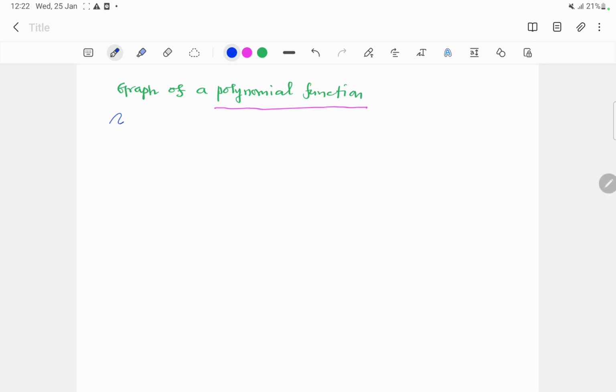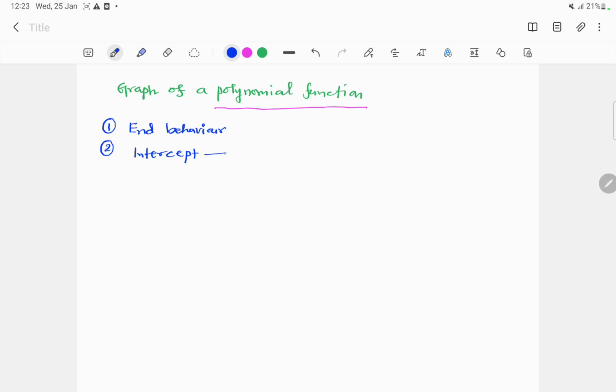Firstly, we check that we have a polynomial. First we check the end behavior, and then we calculate the x-intercept and y-intercept.